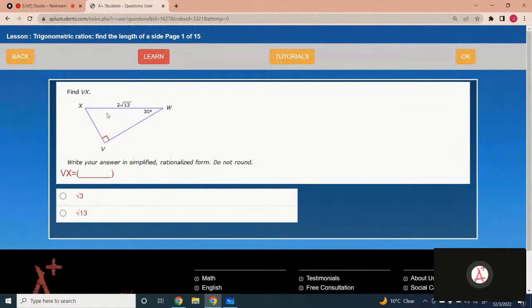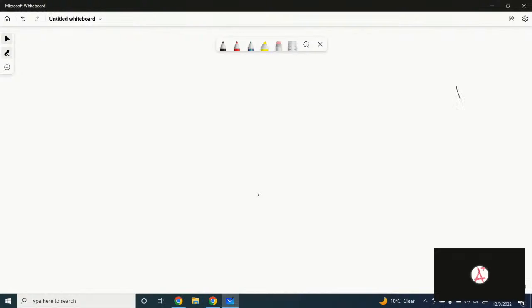Okay, you have to find Vx. It's a 30, 60 triangle. Got it? Here you have 30, 60 and then 90. Let me draw the triangle. It would be like this. So VXW, it would be V, X and W. It is 90.